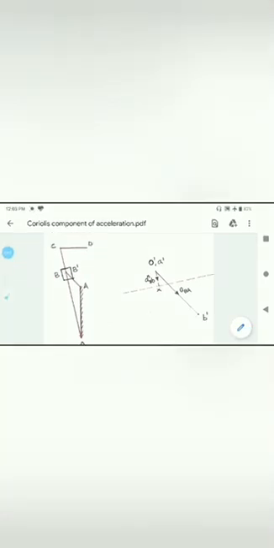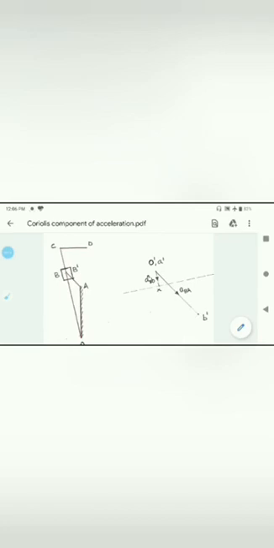Now we'll see how to represent the acceleration of slider B relative to B prime. Regarding this, there is a slight change in the procedure that we usually follow in the case of the acceleration diagram.